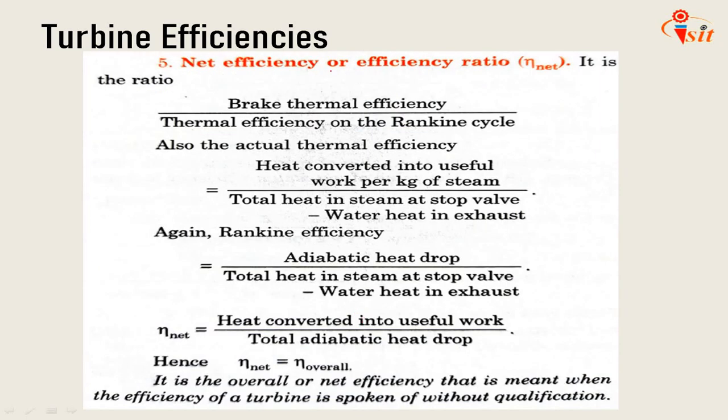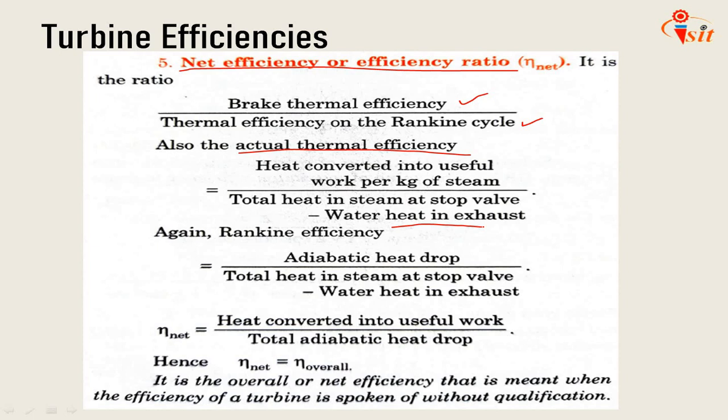Next one is the net efficiency or efficiency ratio, eta net. It is the ratio of brake thermal efficiency to the thermal efficiency on the Rankine cycle. Now what is actual thermal efficiency here? Heat converted into useful work divided by total heat in steam at stop valve minus water heat in exhaust. That ratio will give you the actual thermal efficiency.